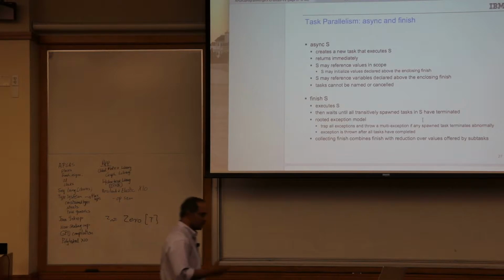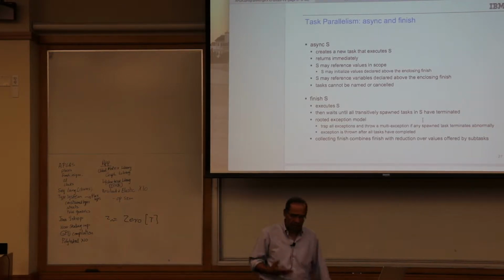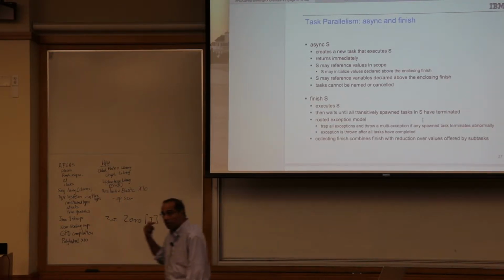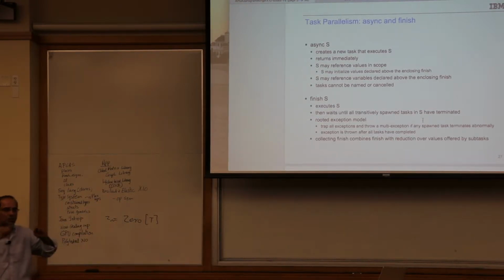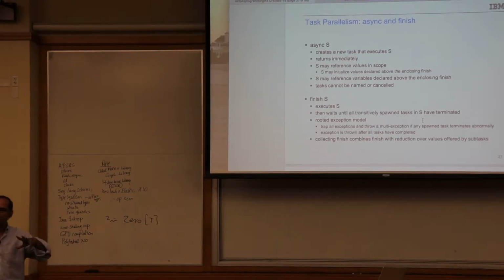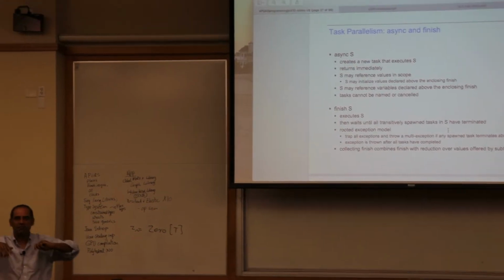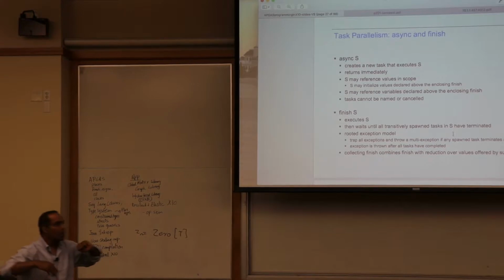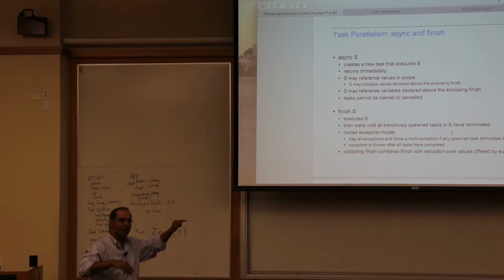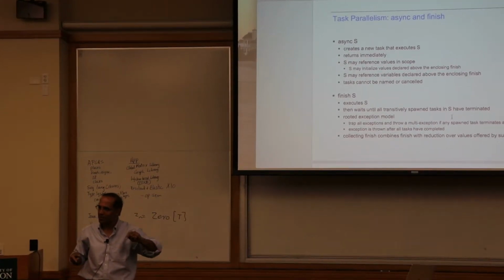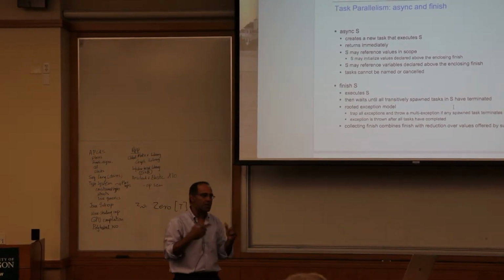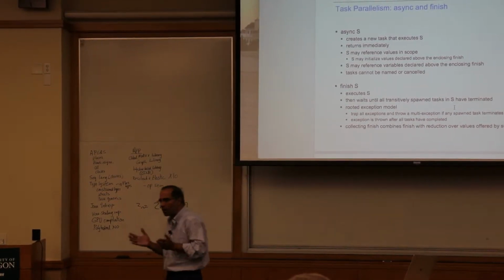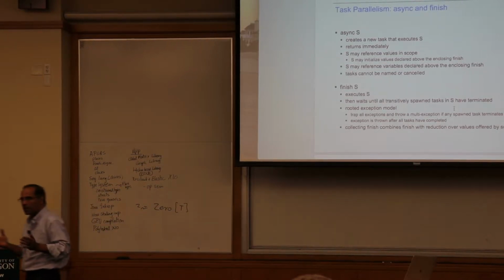That's a problem, so it's not a satisfactory design at all. Here, we have finish. All asyncs are spawned within the scope of some finish. If an async is spawned at the top level in the body of a main, there's an implicit finish that catches that. So finish is a natural point to collect all these exceptions. That's what we do. Now, of course, when you collect these exceptions, there's no order in which you're collecting them. It's a multi-set.